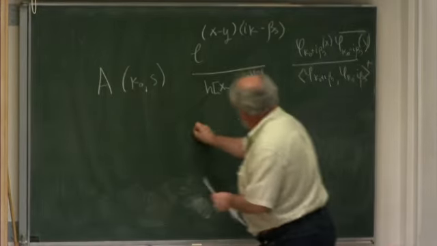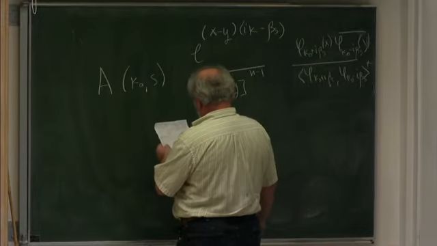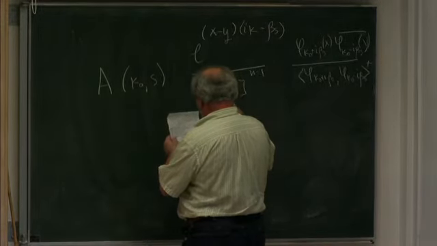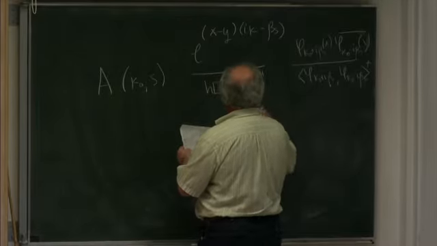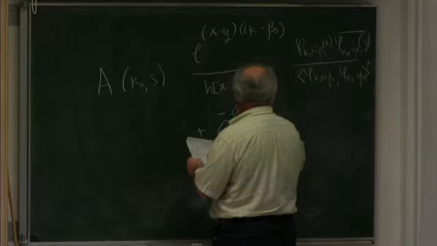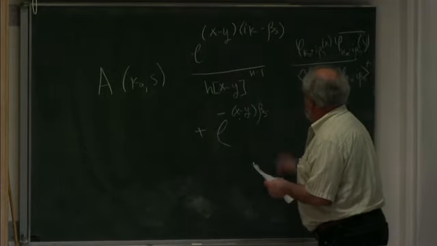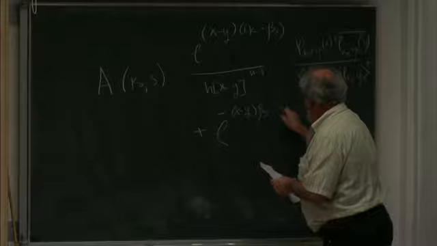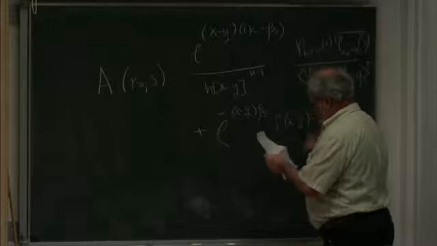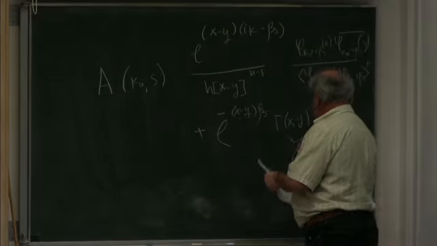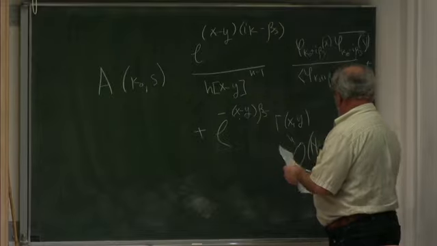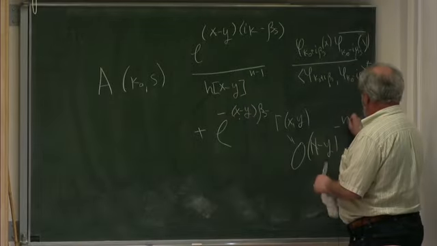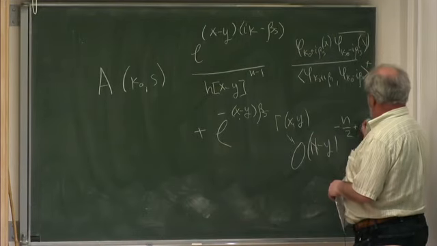And then there is an error of the following form. We have the same decay, e to the minus beta s times x minus y, plus an error which is O of x minus y to the power minus n over 2 plus epsilon.